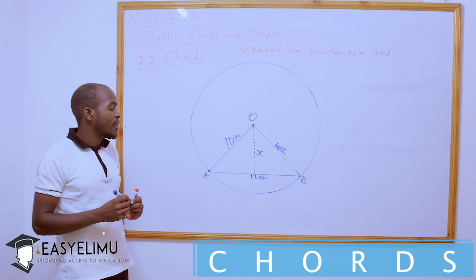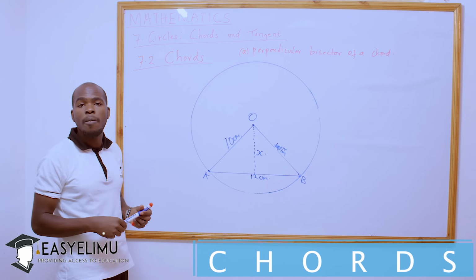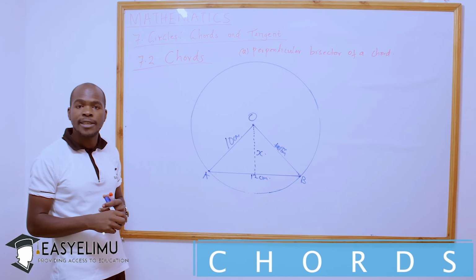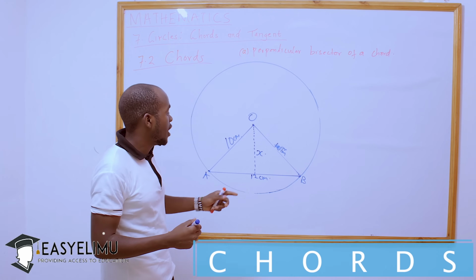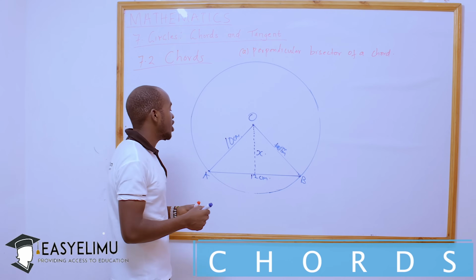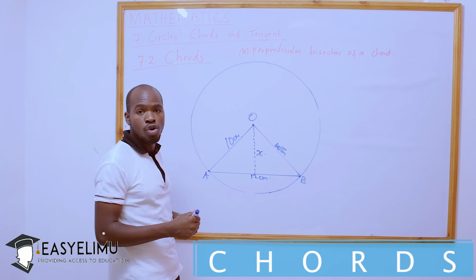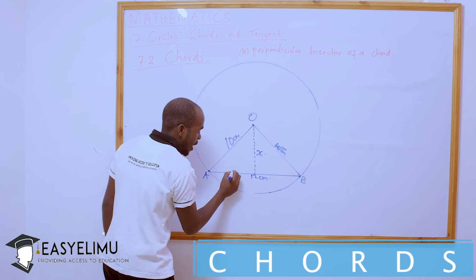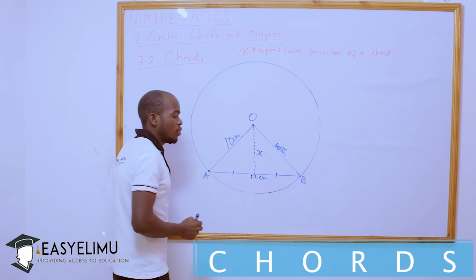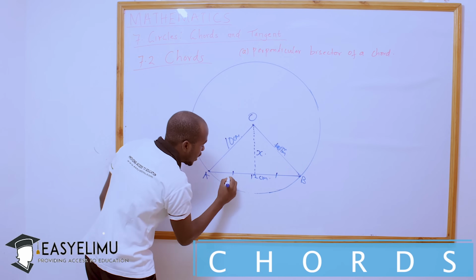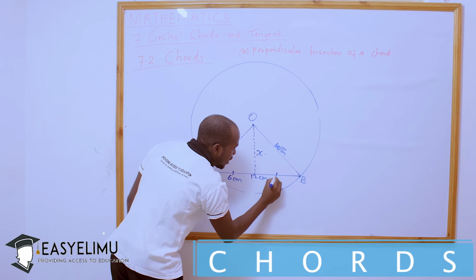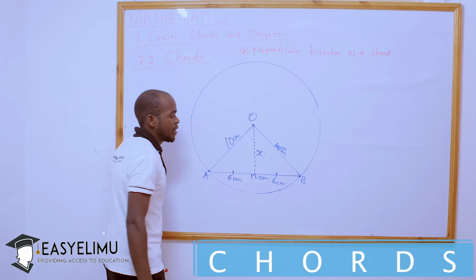We understand that if you drop any perpendicular from the center of the circle to cut any chord in that circle, it will cut it into two equal parts. So this part will be equal to the other part, and that will be 12 divided by 2. You will get this part is 6 centimeters, the other one is 6 centimeters.